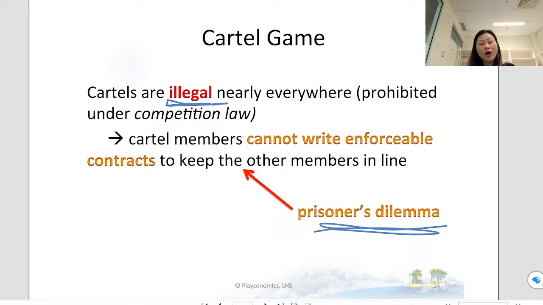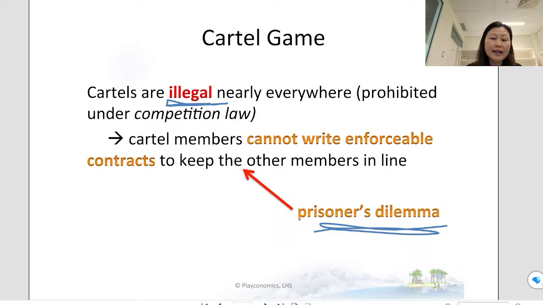However, OPEC is often described as a legal cartel, interestingly, because it coordinates oil production among member states. It operates at a state level and not as a private firm, therefore treated differently under international law.